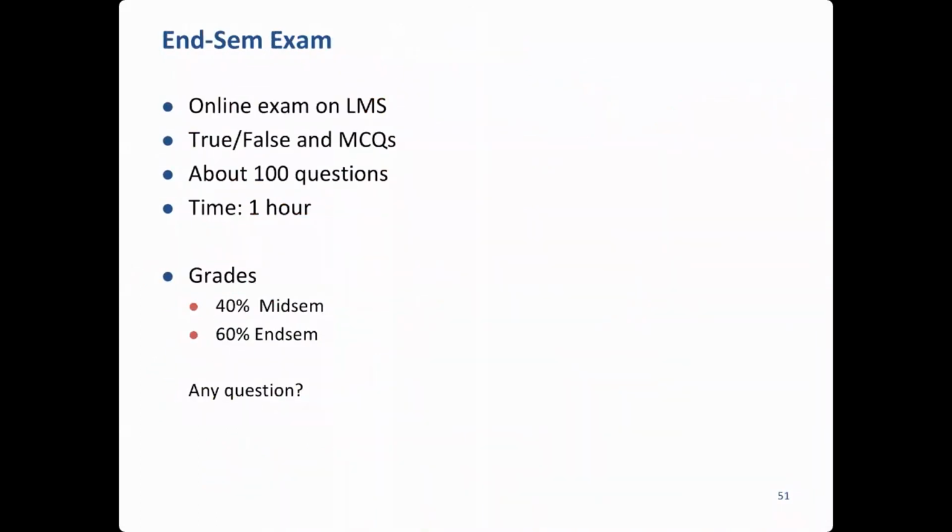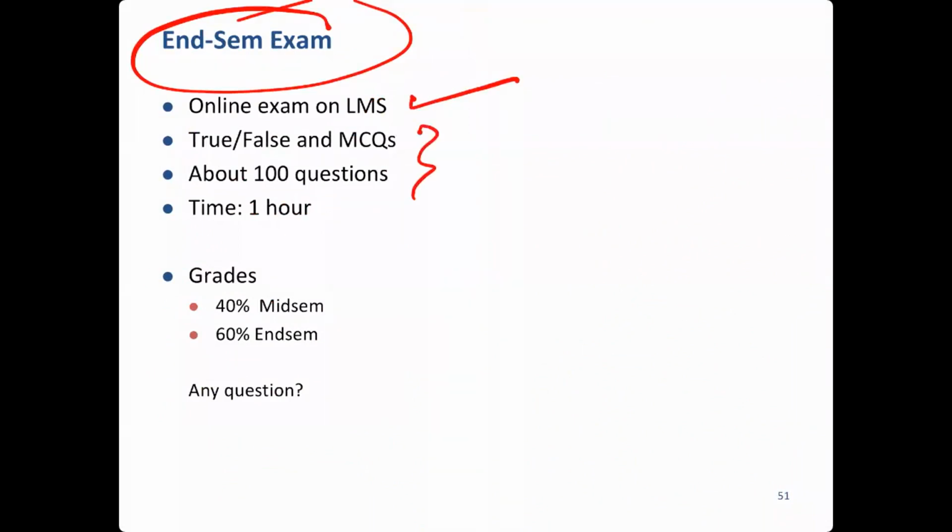Okay, and some exam details. Of course we'll use Moodle, largely MCQs, because for 120 students I cannot have anything other than objective. Had that been 20 students I would have gone descriptive type. Time will be 1 hour. Actually, I'm still making the question paper for you, and this will be simple.